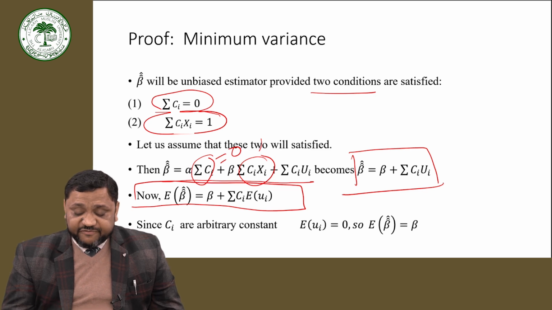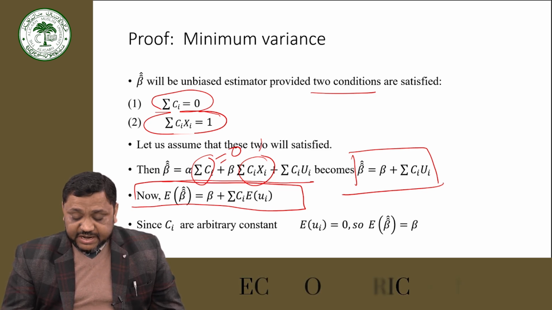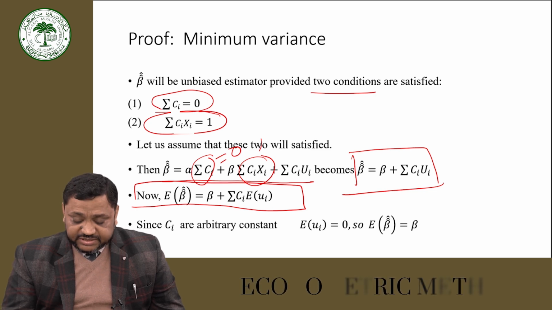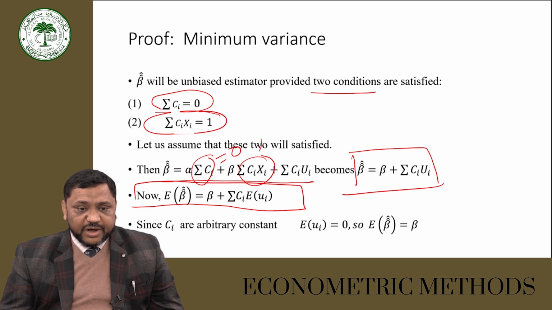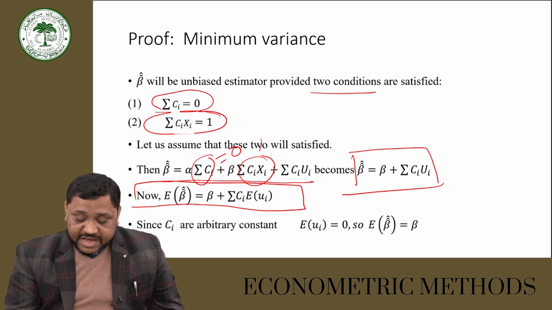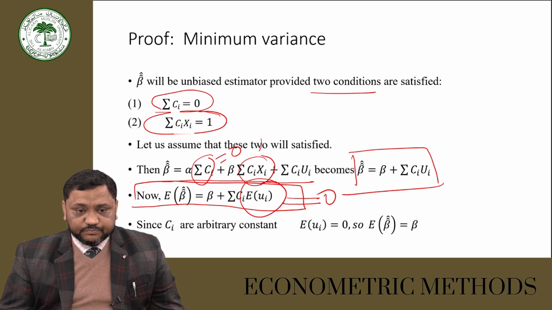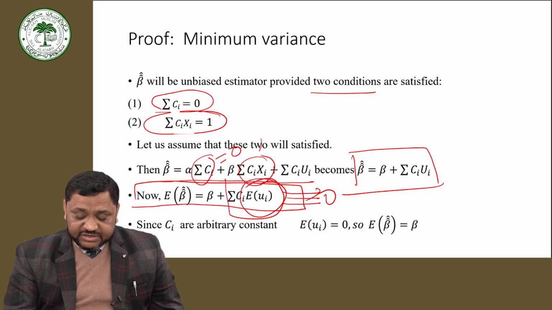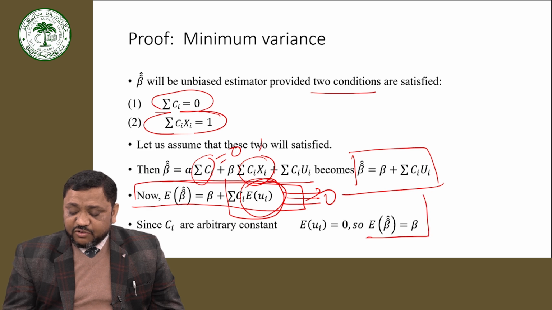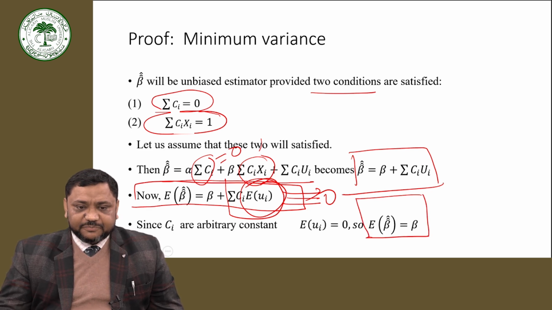The expected value of beta double hat is equal to beta, because the expectation of beta will be the same, plus summation ci times the expected value of ui. And now we know by the assumption that the expected value of ui is equal to 0. So this whole term becomes 0. What is left is the expected value of beta double hat is equal to beta.